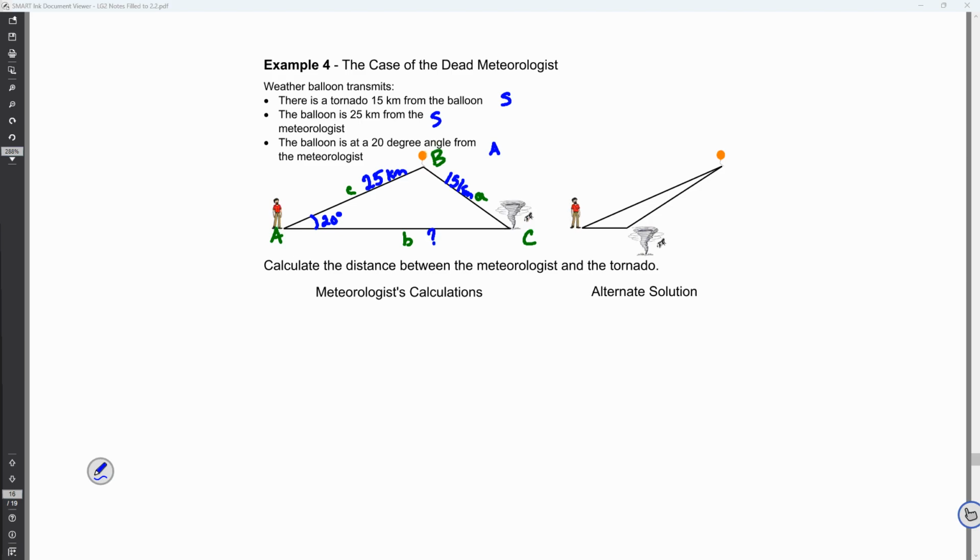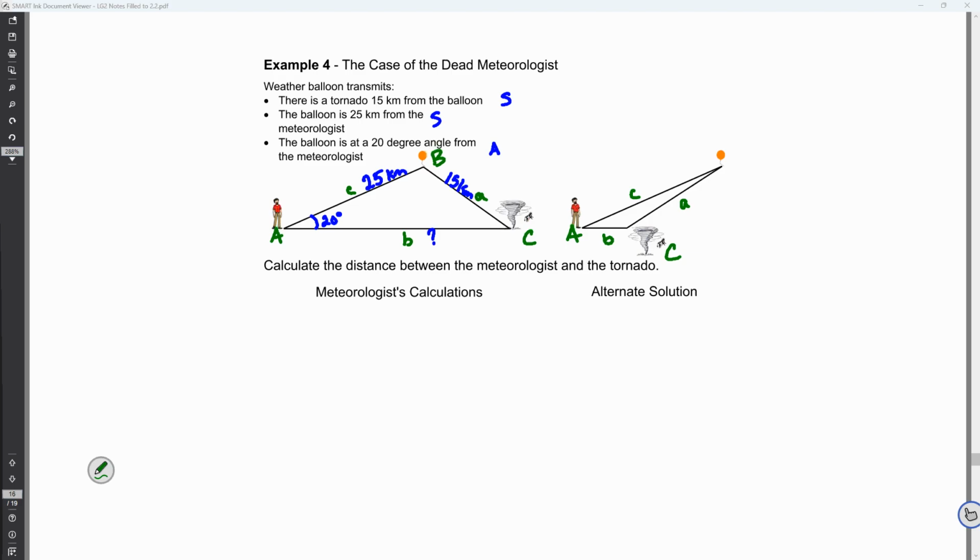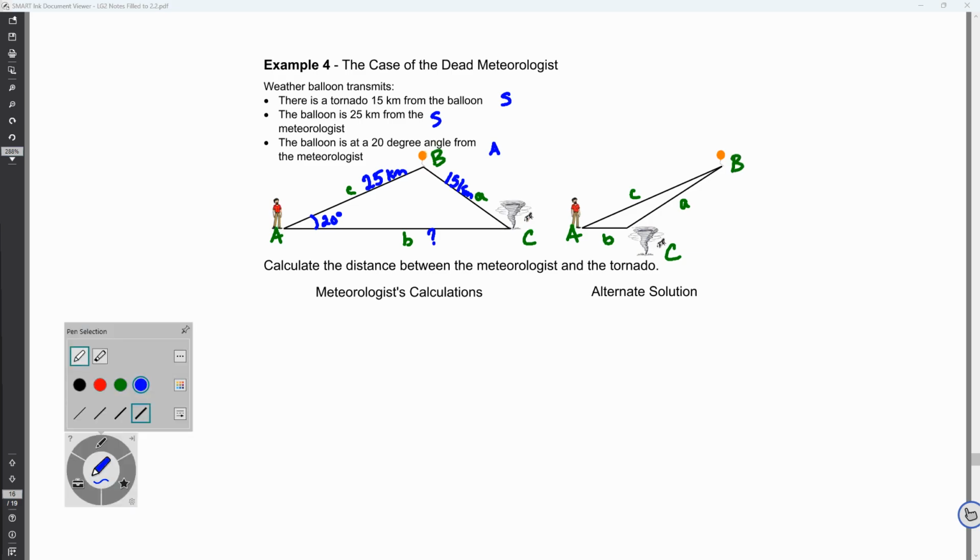I have all the information I need to solve this, but if we look over here, there's another case where the same thing could happen. If I label them the exact same way, small a, big B, and put the exact same angles in, I have 20 degrees there.